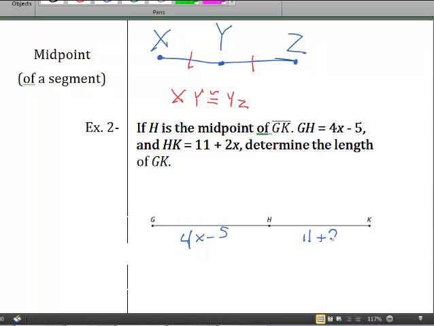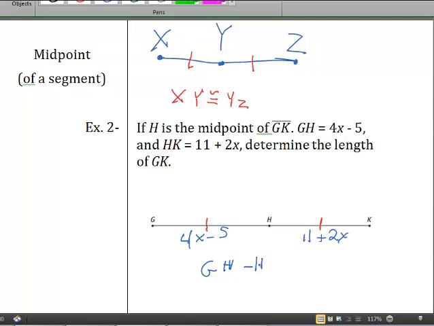Determine the length of GK, the whole entire thing. Well, if this is the midpoint, I can label that as this segment being congruent to that segment. And if they are congruent, that also means that they're equal. So for this, GH is going to be equal to HK.